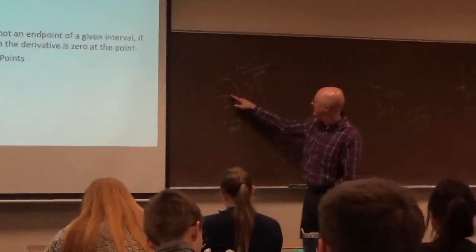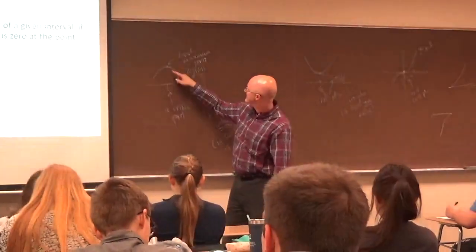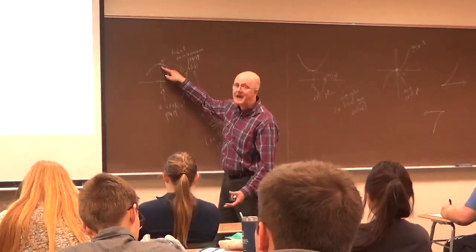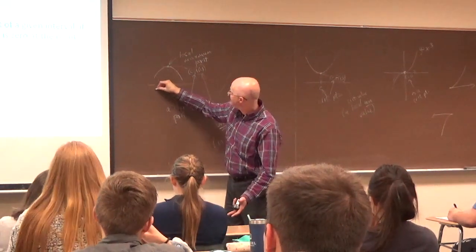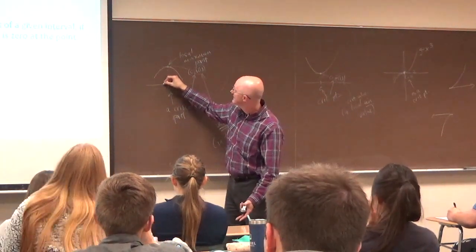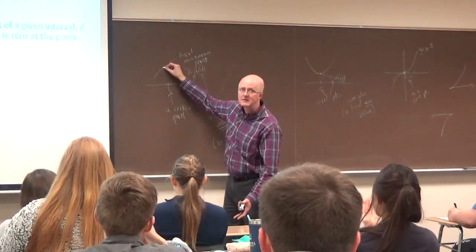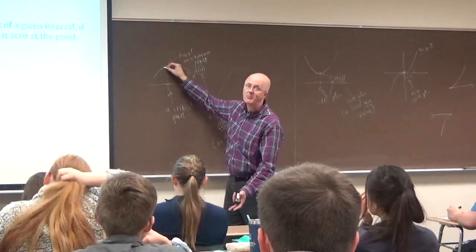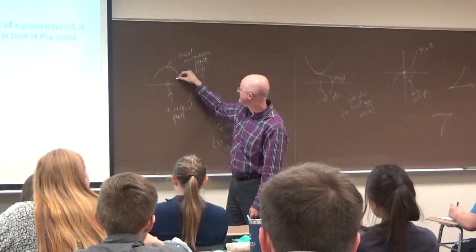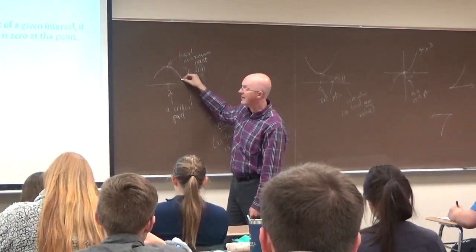So here, it's a local max. You can just see from the picture what's happening with the derivative of this function. When x is to the left of c, you can see the graph is going up. Tangent lines have positive slopes. The derivative has a positive output. Over here, to the right of c, the graph is going down.